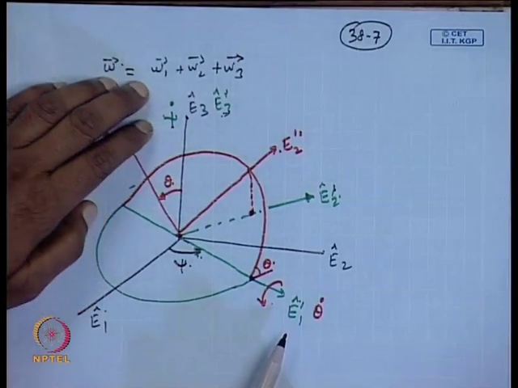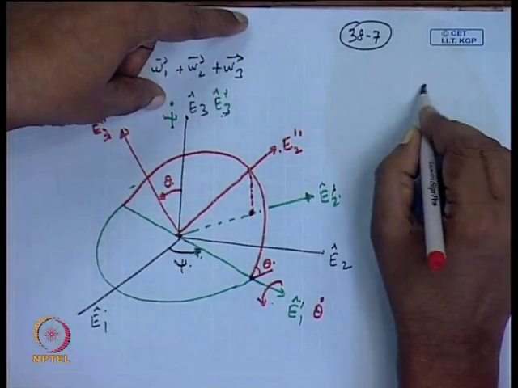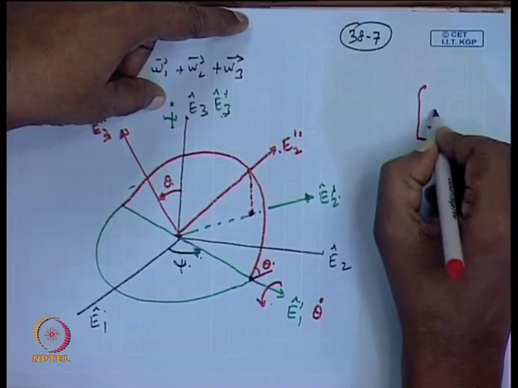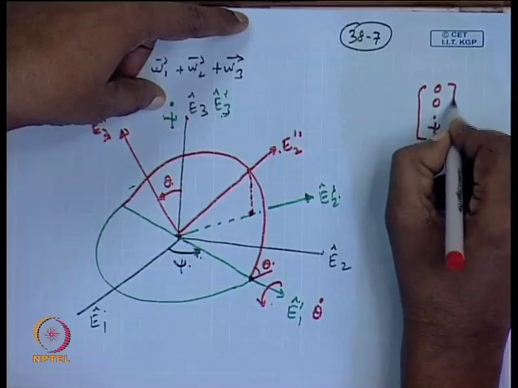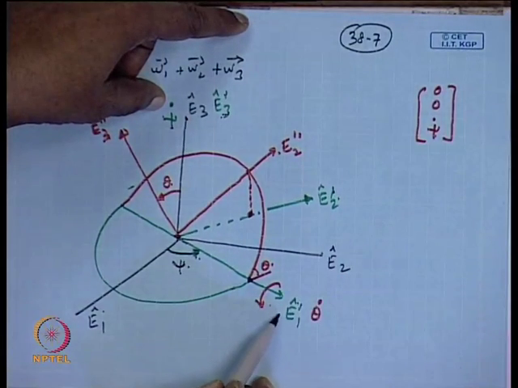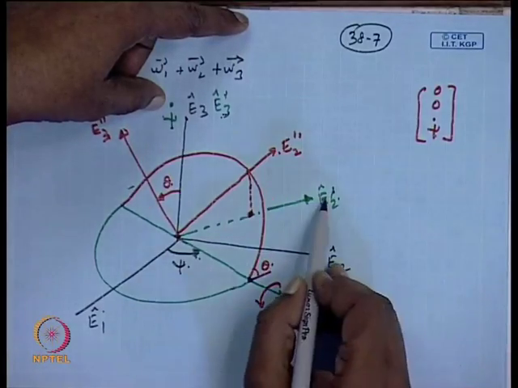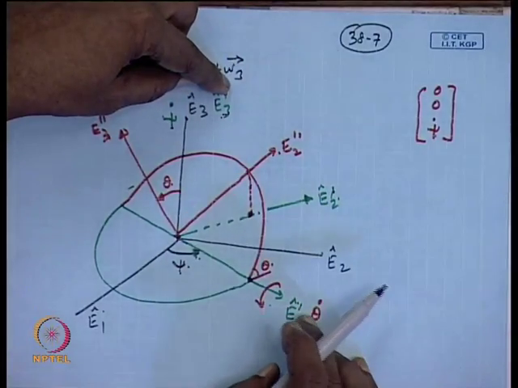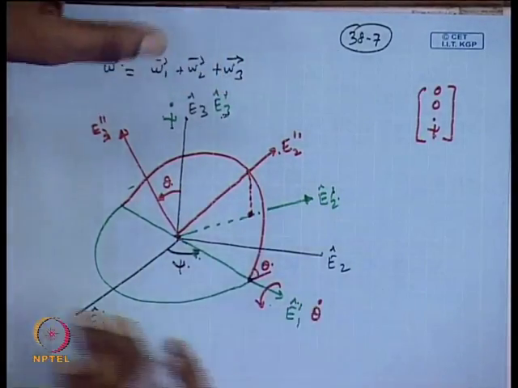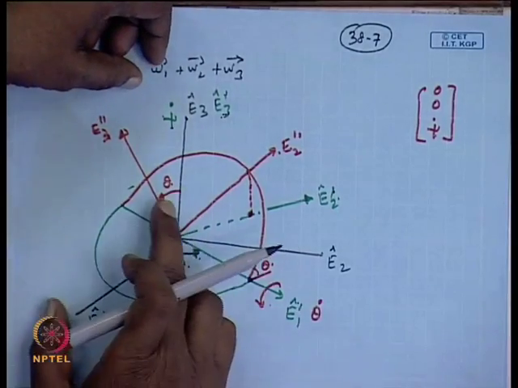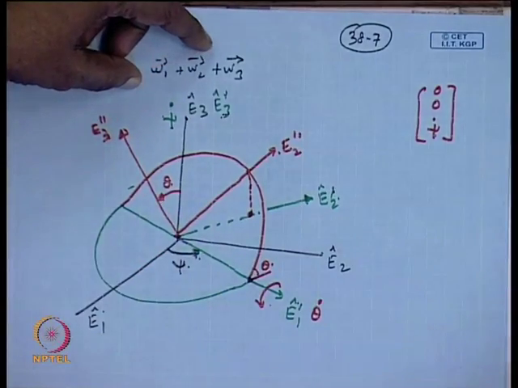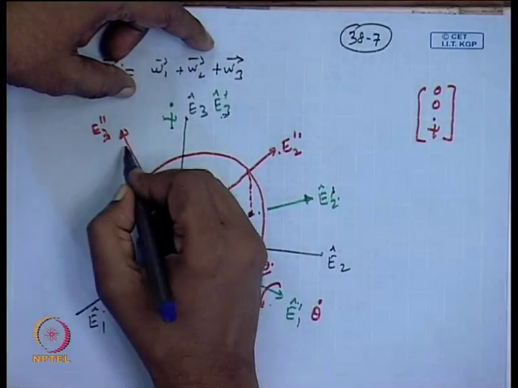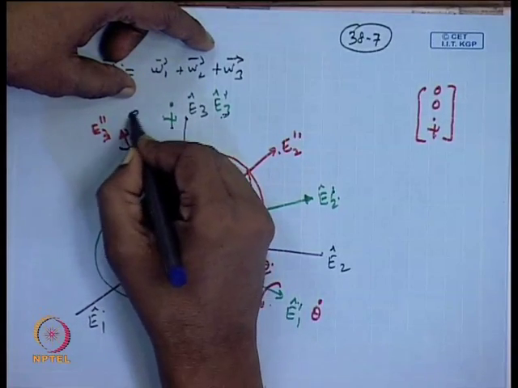So psi dot we can indicate as a vector, psi dot here 0 0. This is a vector in the E 1 prime, E 2 prime, E 3 prime axes, and that has to be converted along the final axes. So we have one more rotation remaining. The next rotation we will give about this axis by angle phi.